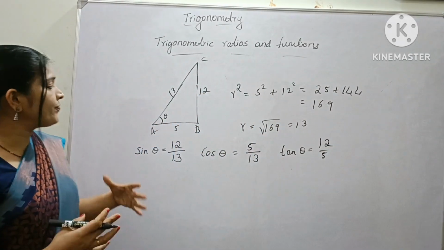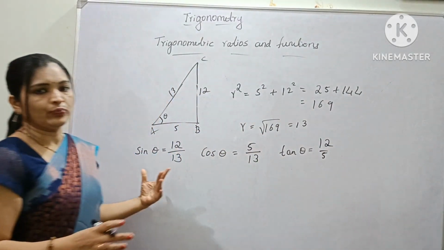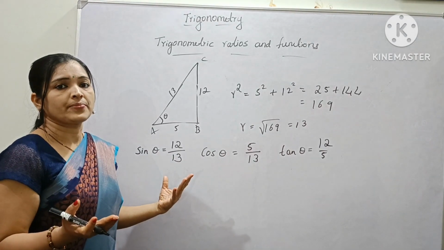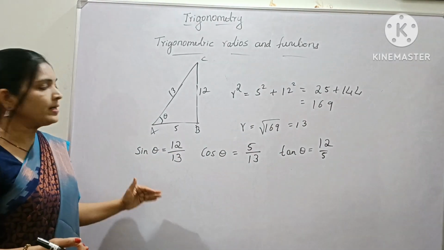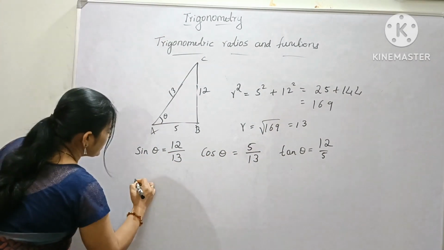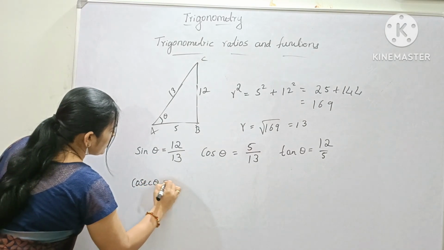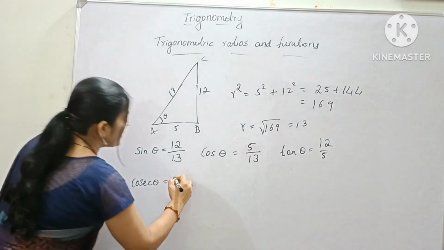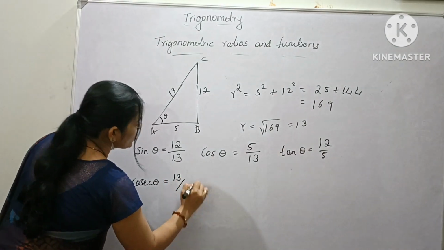Okay, now we have found these three functions' values, right? Now next, what are the other three functions? That is reciprocals, right? These three functions have three reciprocals. So here cosec theta is nothing but reciprocal of sin theta, that is 13 divided by 12.